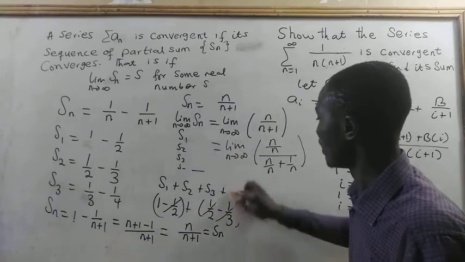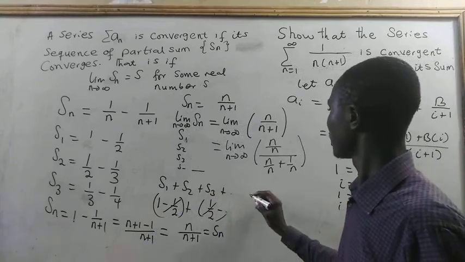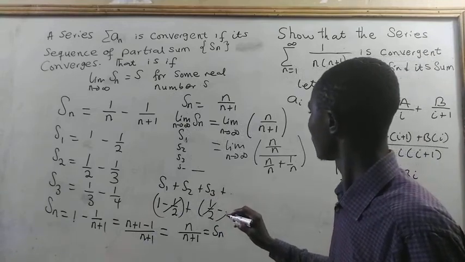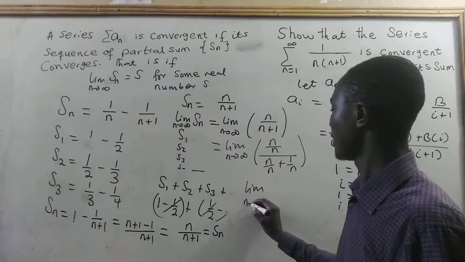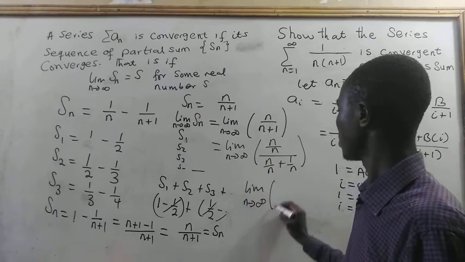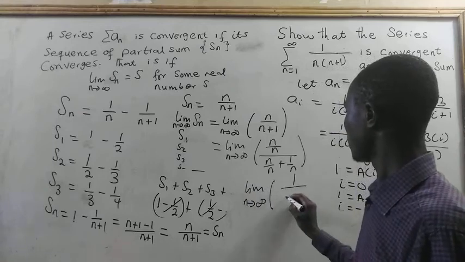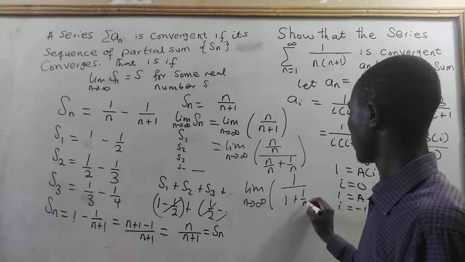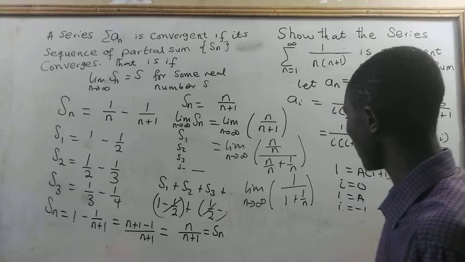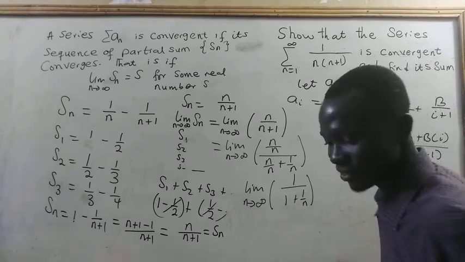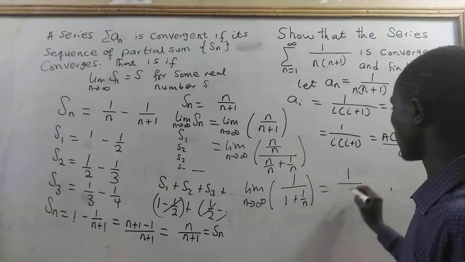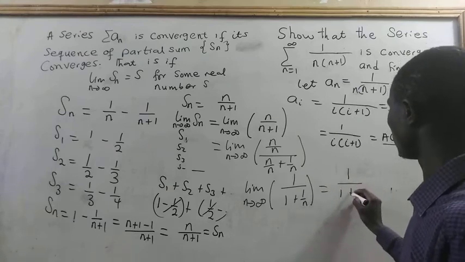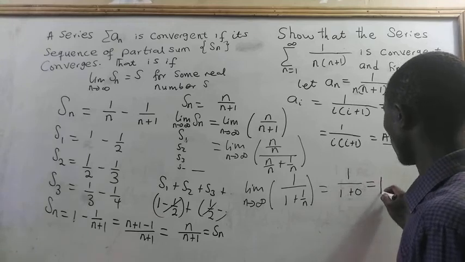So we have the limit as n approaches infinity of 1 divided by 1 plus 1 on n. And as n approaches infinity, we're going to have 1 divided by 1 plus 0, which is equal to 1.